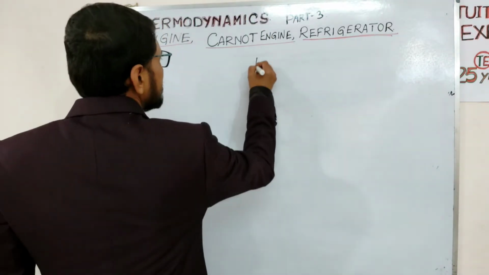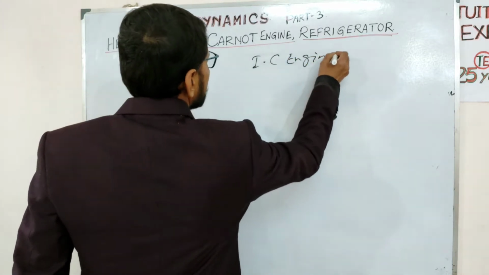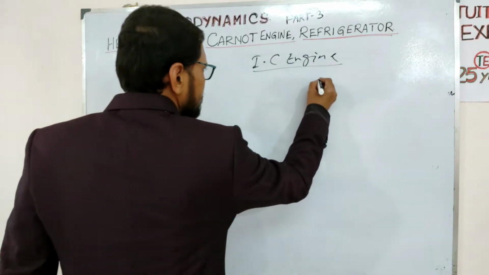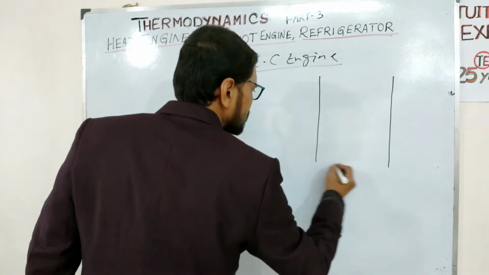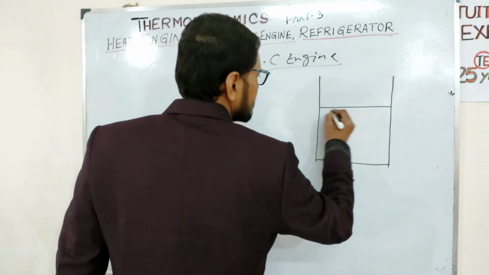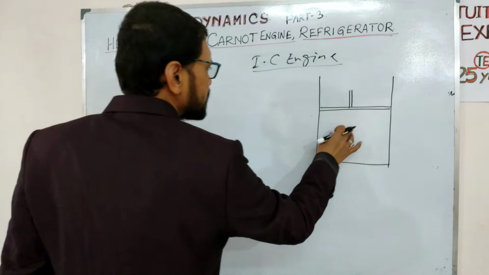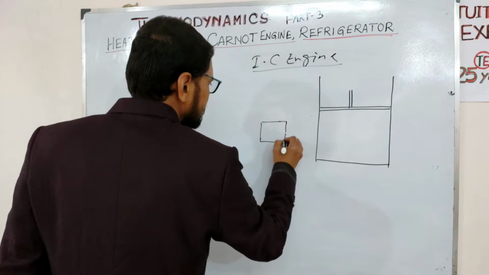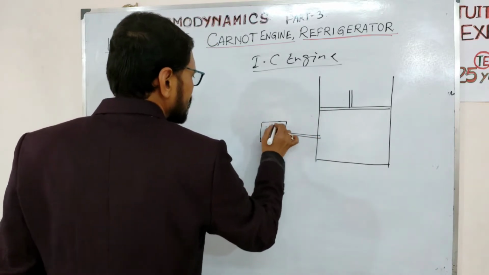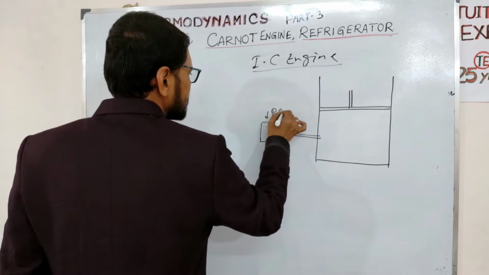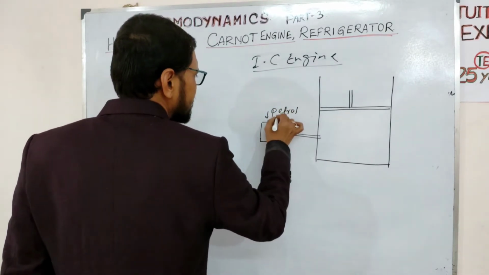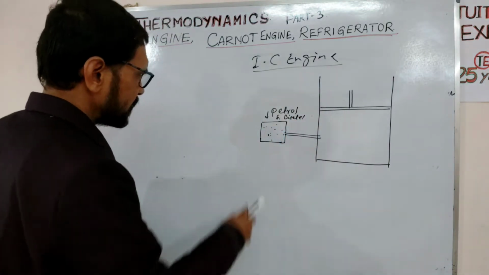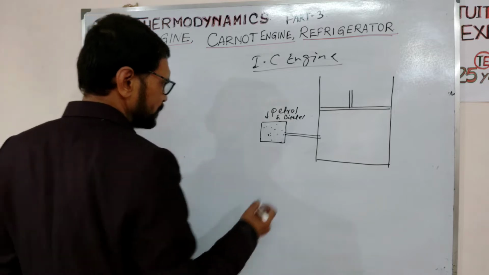So, a simple diagram of an IC engine. In every IC engine, a cylinder and piston is present, and in a separate chamber petrol or diesel is combusted. Here the combustion of petrol and diesel is performed.